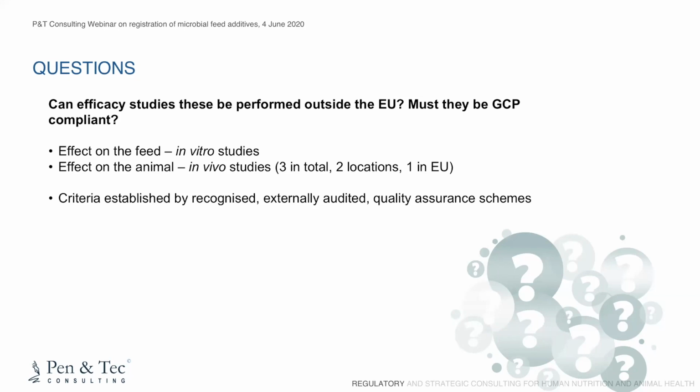So in the case that in vivo studies are needed, a minimum of 3 independent in vivo studies showing significant effects should be provided for each species. These should be carried out at least at 2 different locations, and one of them should be in the European Union. But the remaining 2 studies could be done outside the EU, following representative feed practice.